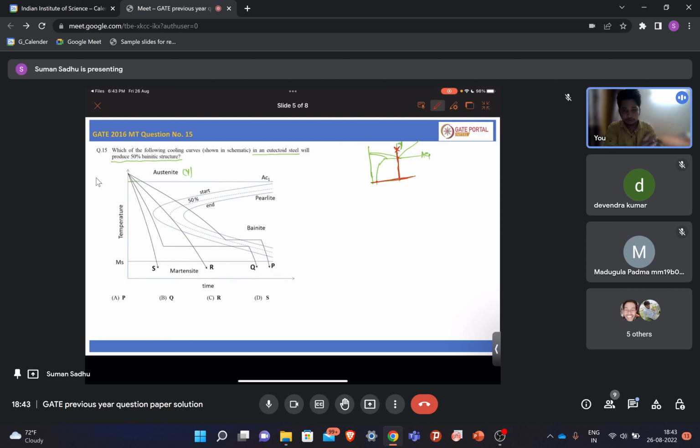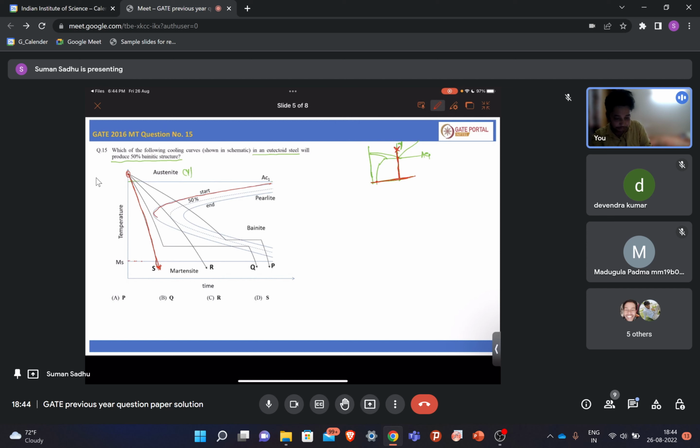But if you follow different cooling rates, the percentages of the phases you obtain will differ, and the morphology may also vary. Let us consider all the cooling curves one by one. Let's say this is a fast cooling curve. It cools from the austenite region directly to below the Ms temperature. It is not touching any of these C curves, right?